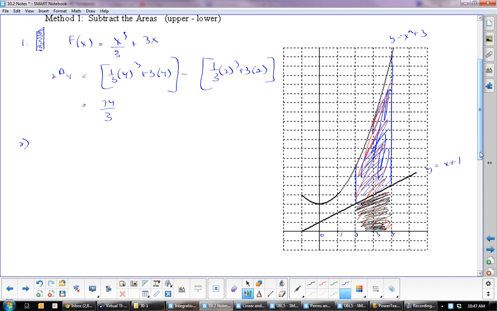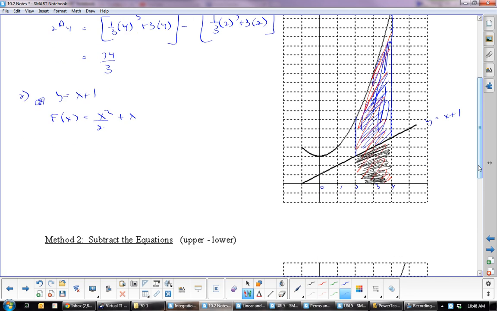Okay, so now we're going to find just this little area of y equals x plus 1. So f of x would equal x squared over 2 plus x. So we'll do from 2 to 4.